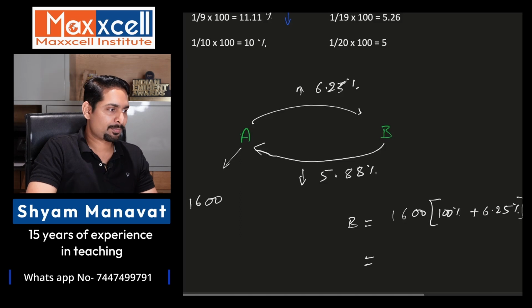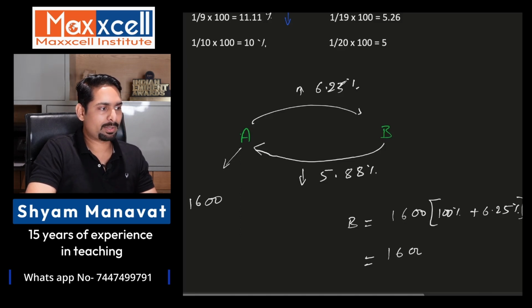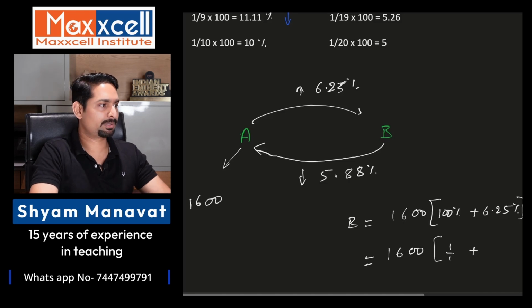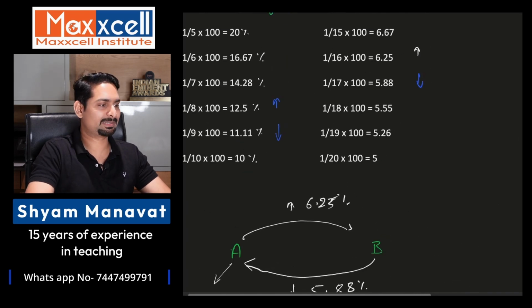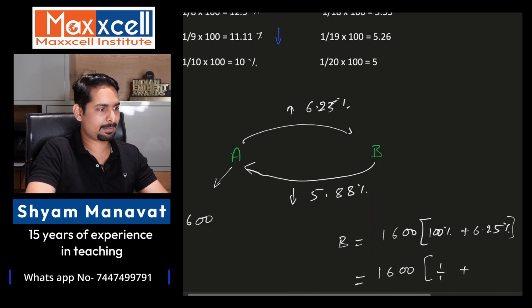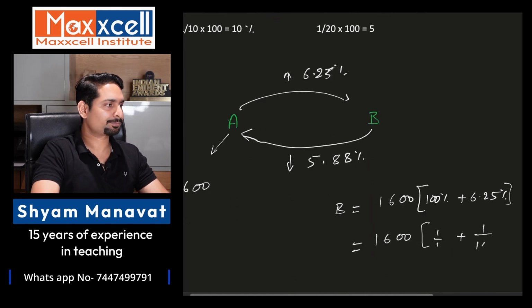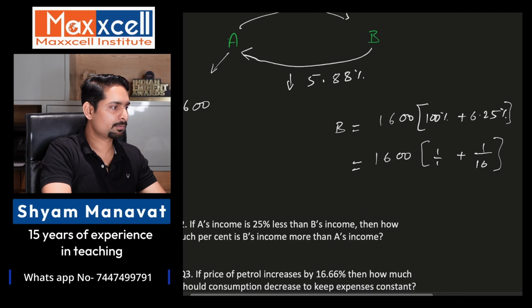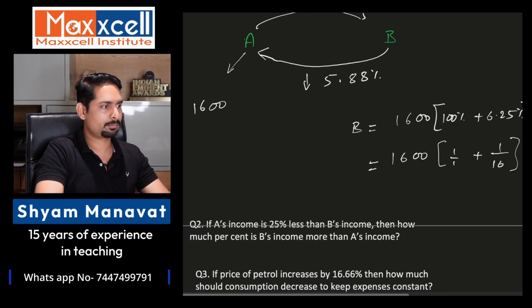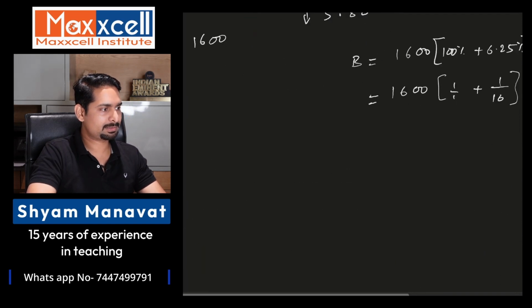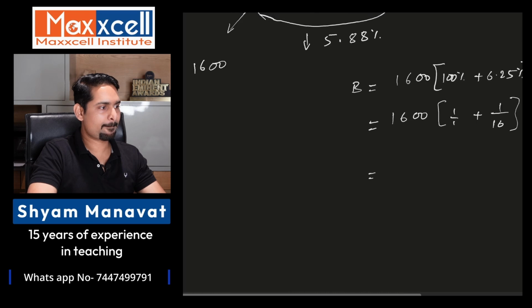Correct. So now let me simplify this. 1 by 1, so 100% is 1 by 1 and 6.25%. What is 6.25% into fraction? 1 by 16. Okay. Then if you increase this, you get 1600 multiplied by, add these values, 16.